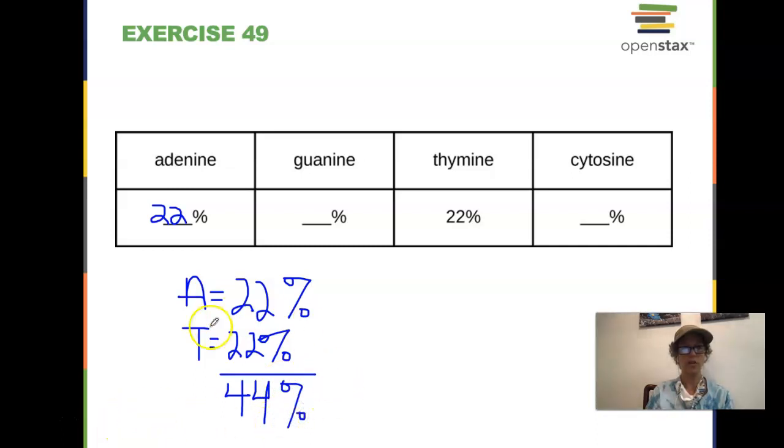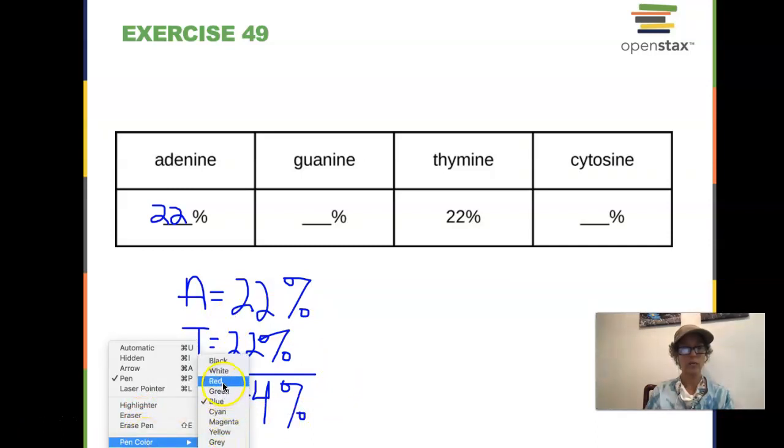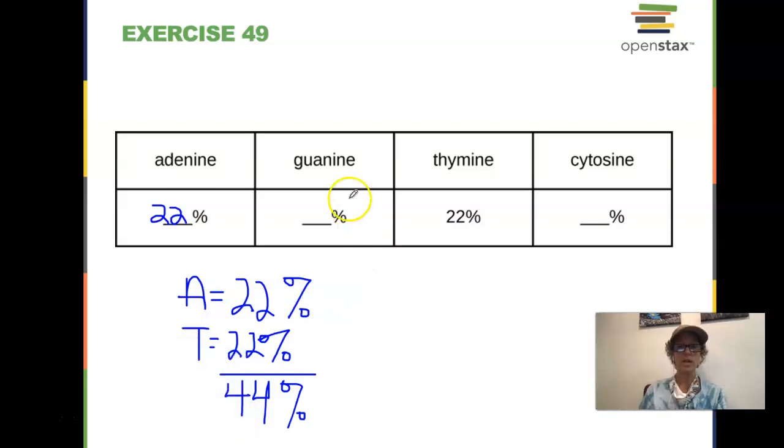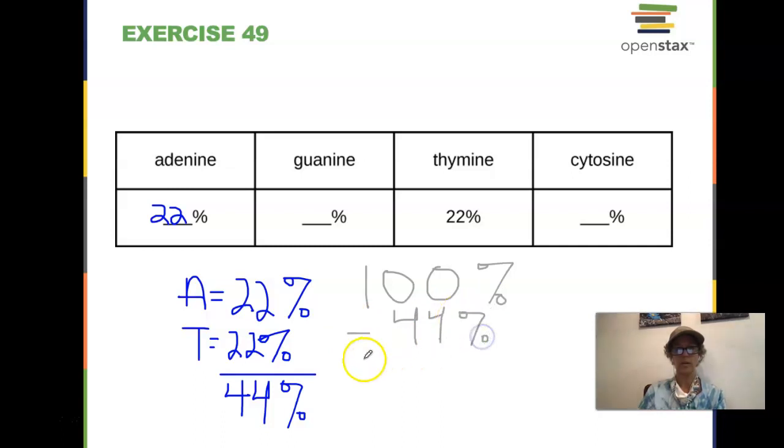Well, that takes care of that. But if we want to get to the guanine and cytosine, then it has to add up to 100% minus 44%. And that is 56%.